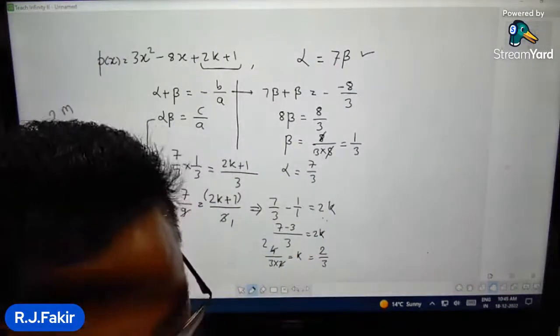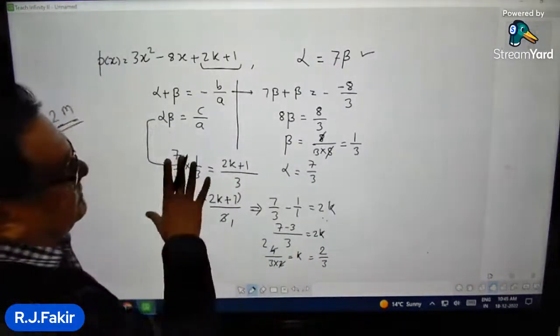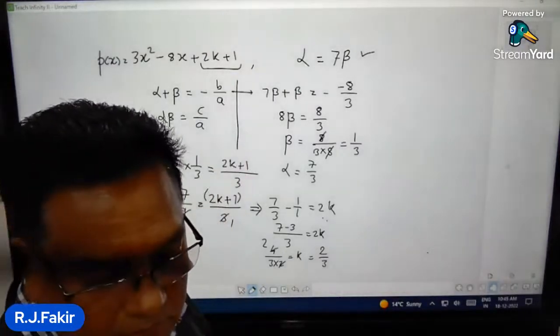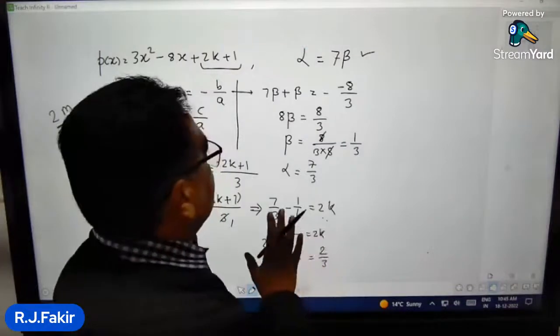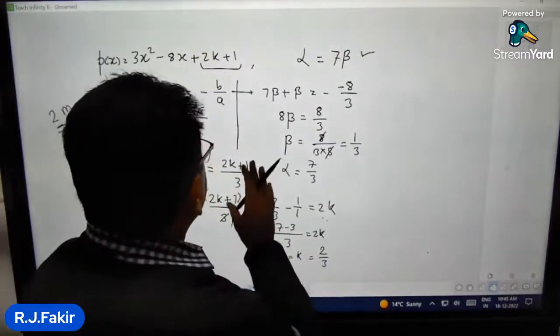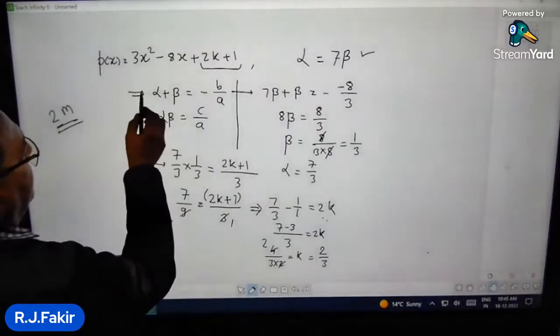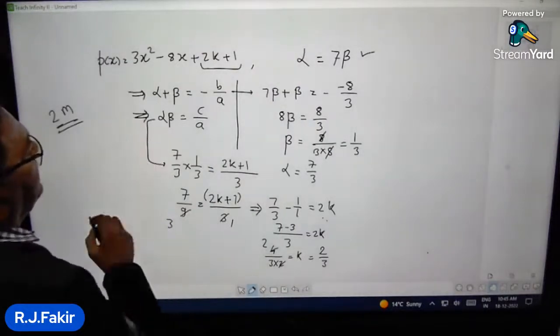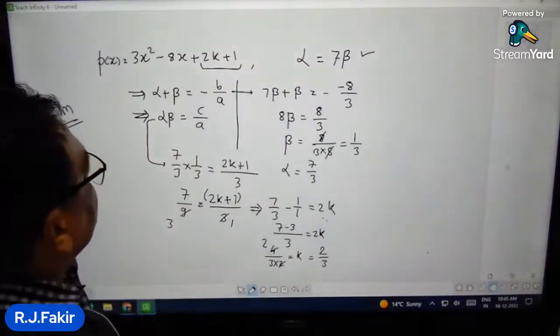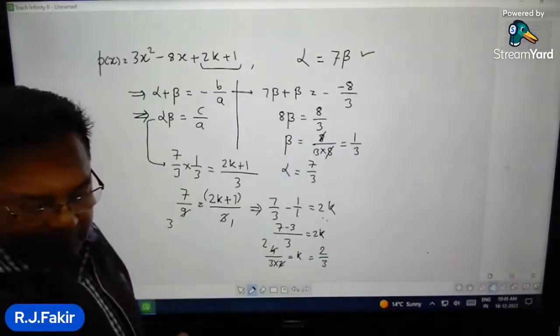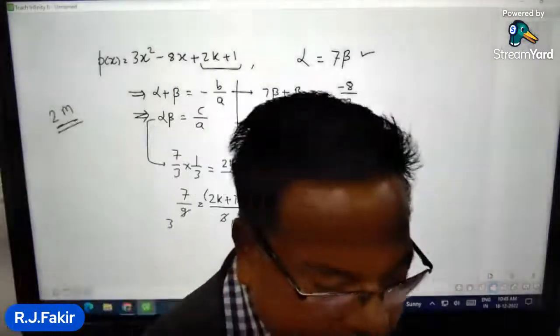So you should not miss any step in your solution, and also you can provide reasons or rules where you are using them, like: we know that these are the relations between the zeros and the coefficients, that also you can mention. So this type of questions will be there.